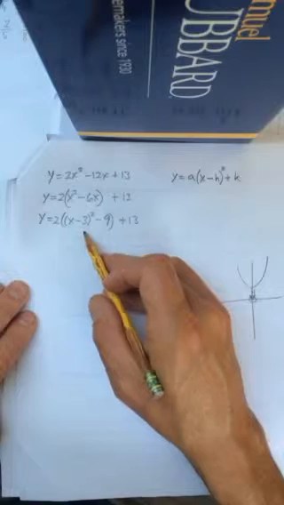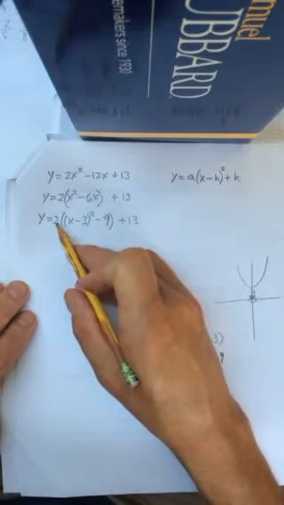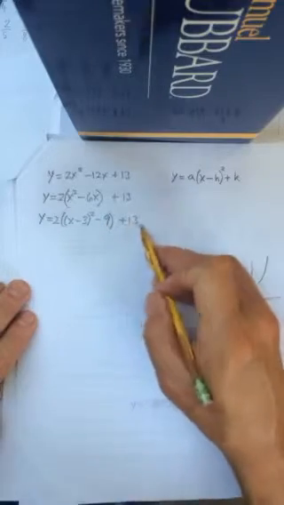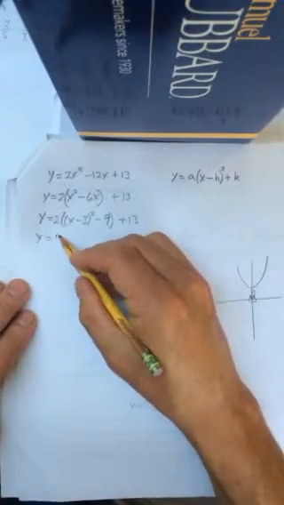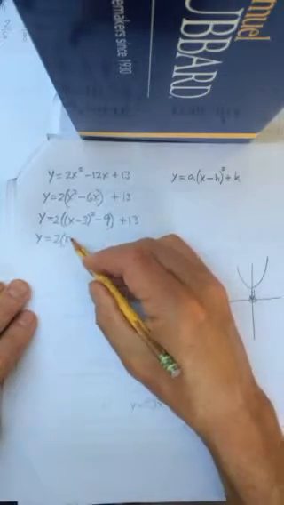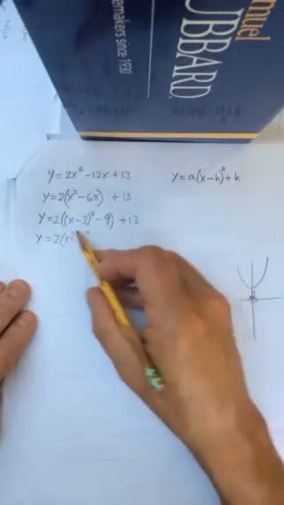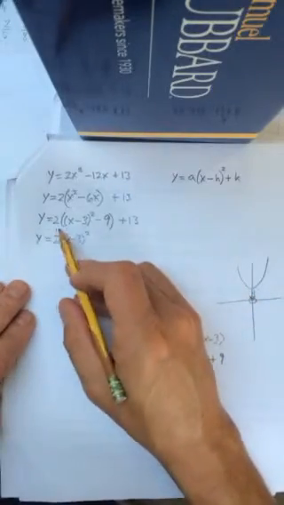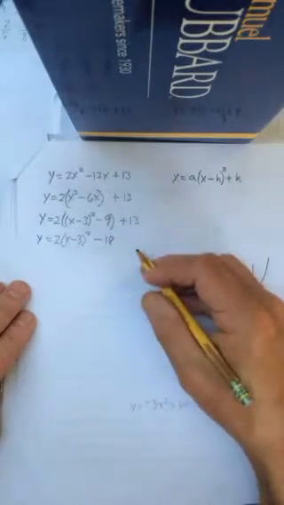So next step is we're going to multiply the 2 by the negative 9 to get that outside. So y equals 2 is still going to be multiplied by the x minus 3 squared, but we're going to multiply the 2 times the negative 9, so negative 18.